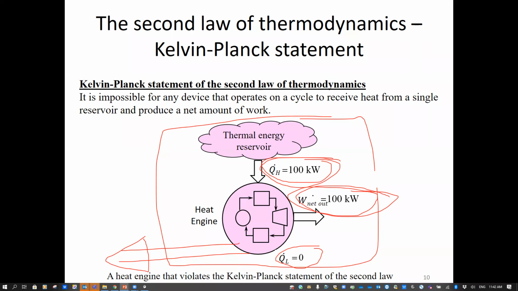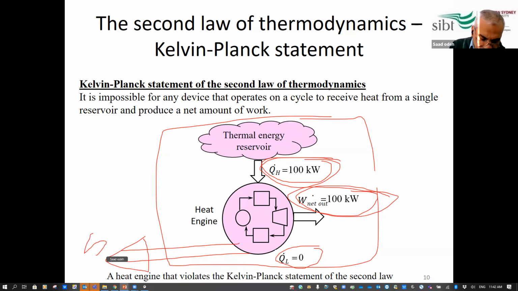Yeah. Okay, maybe. So now, not all the heat provided by a thermal energy reservoir can be converted to work. Part of it must go to the heat sink. Okay.